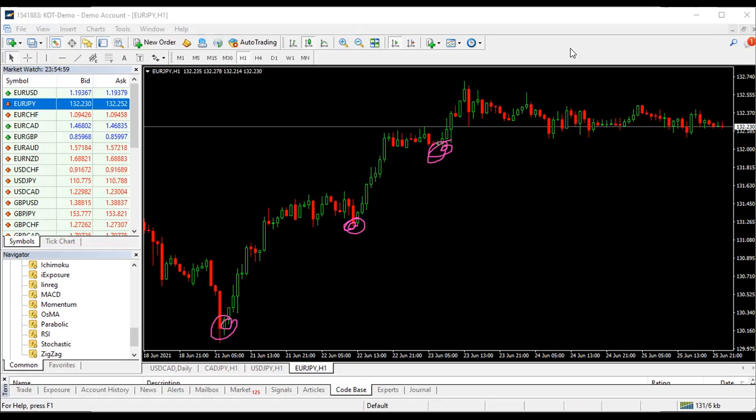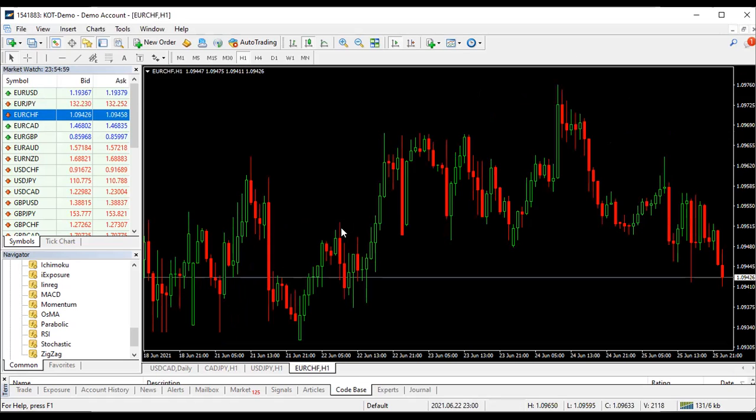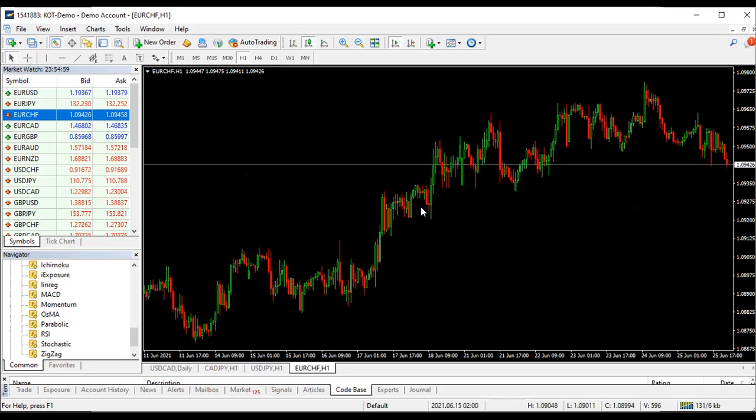Okay, let me take another scenario, another pair, Euro Chef. This is Euro Chef. Maybe I should zoom in a bit. Good. If I zoom in a bit like this, you can see it clear, isn't it? What are we seeing here? First support here, second support level here. So after that, maybe there's a little pullback down here.